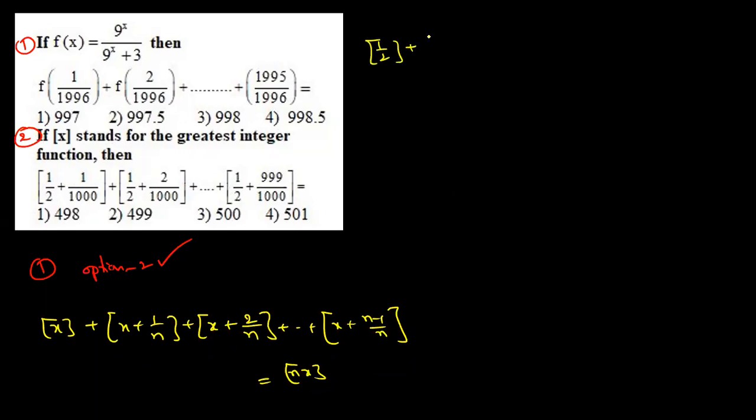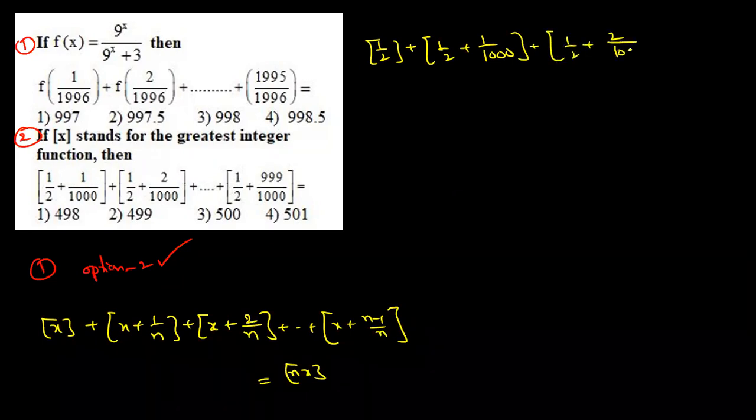Integral part of 1 by 2, 1 by 2 plus 1 by 1000, 1 by 2 plus 2 by 1000, and so on. So 1 by 2 plus 1 by 2 plus 1 by 1000 and so on. What is the last one? 1 by 2 plus 999 by 1000.